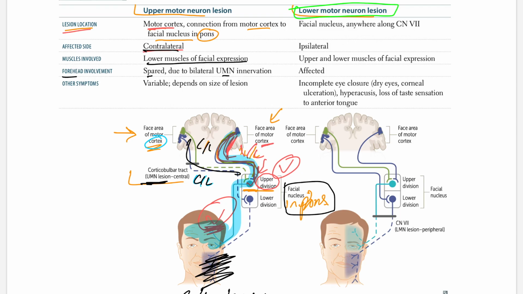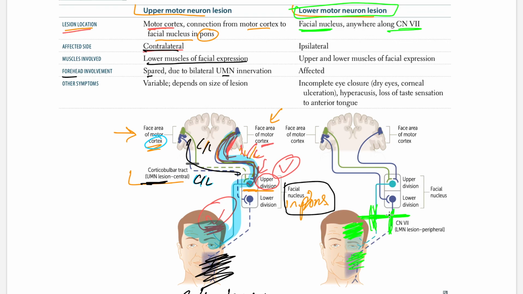For a lower motor neuron lesion, the lesion could be at the level of the facial nucleus, anywhere along the CN7 level. So let's just say we have this level right here, after the facial nerve comes out from the facial nucleus, and we have a lesion there. Because we have a lesion here, both the upper division and the lower division are affected. So you're going to have the upper face affected and the lower face also affected.